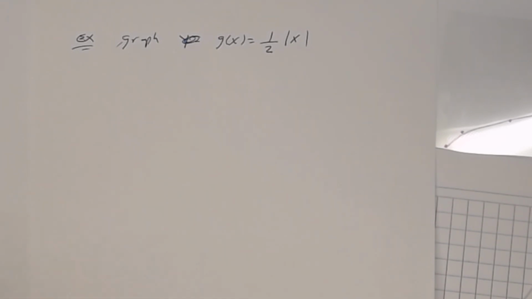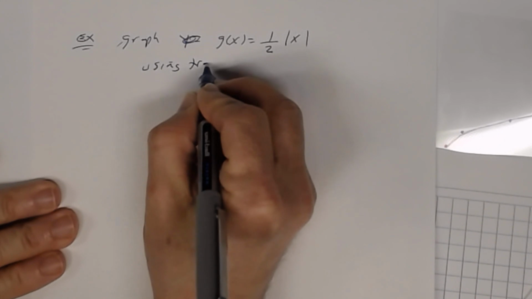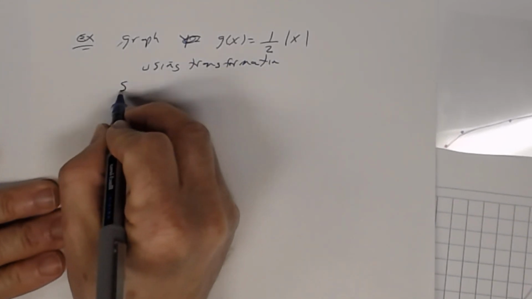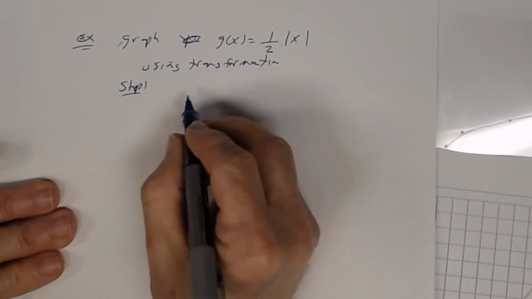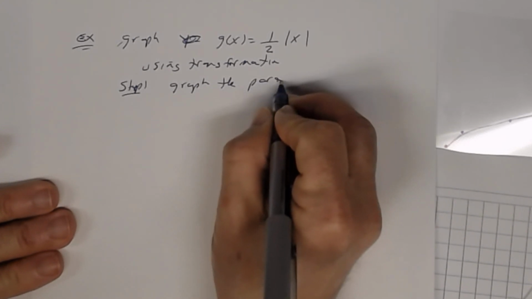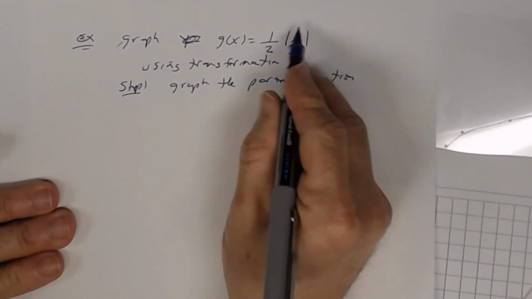All right, so listen carefully about this, using transformations. Step 1 is to graph the parent function. So the parent function is the absolute value function.